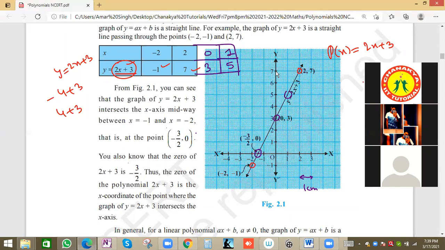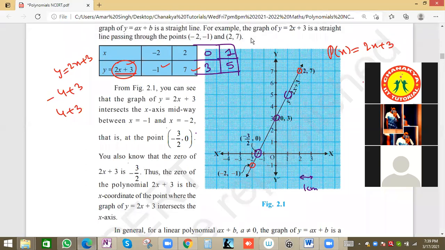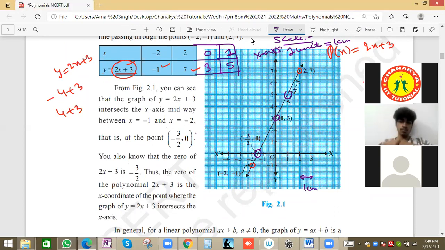If you are plotting this graph on a normal notebook, we can write the scale also. What will be the scale? Scale means this one unit length. So we can write 1 unit is equal to 1 centimeter on the x-axis, and for the y-axis also 1 unit equal to 1 centimeter.